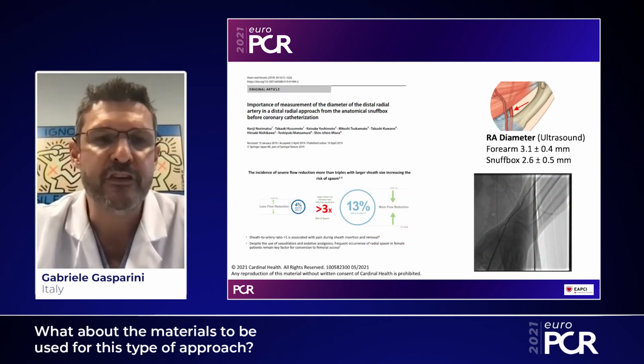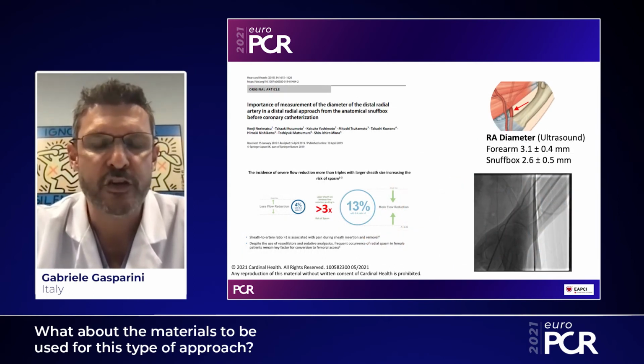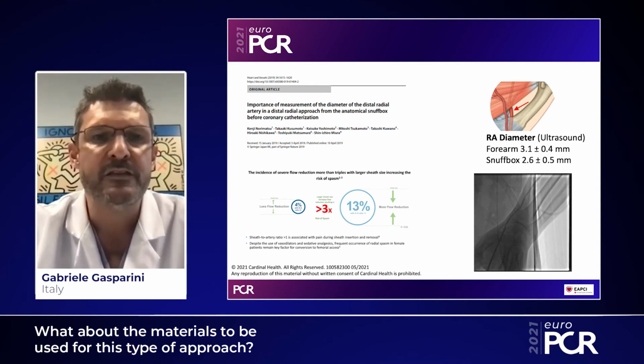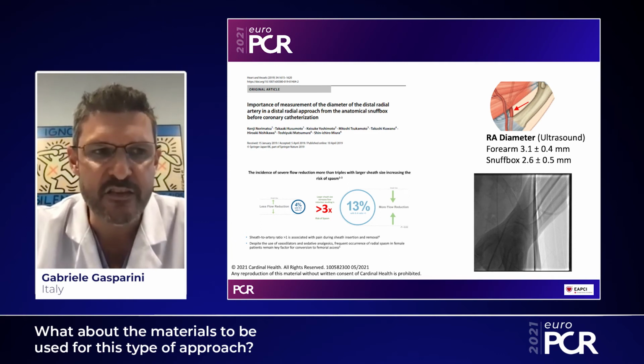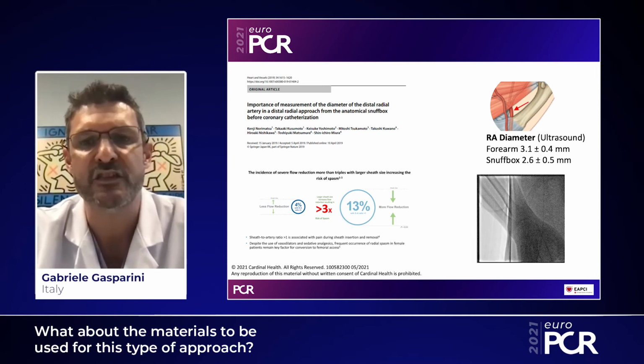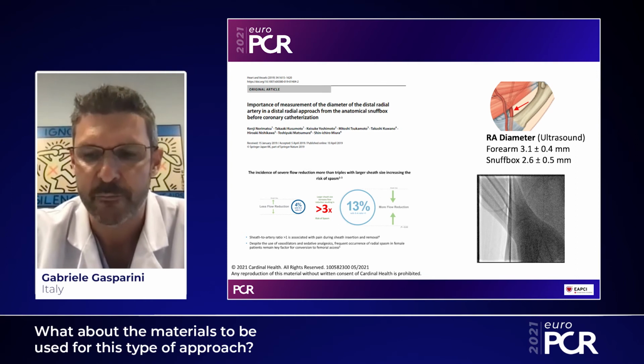When we consider the distal radial approach, we have to keep in mind that the radial artery is on average 0.5 millimeters smaller than the forearm radial artery. So larger sheath size plays a role in radial spasm, and it is associated with pain during sheath insertion and removal.